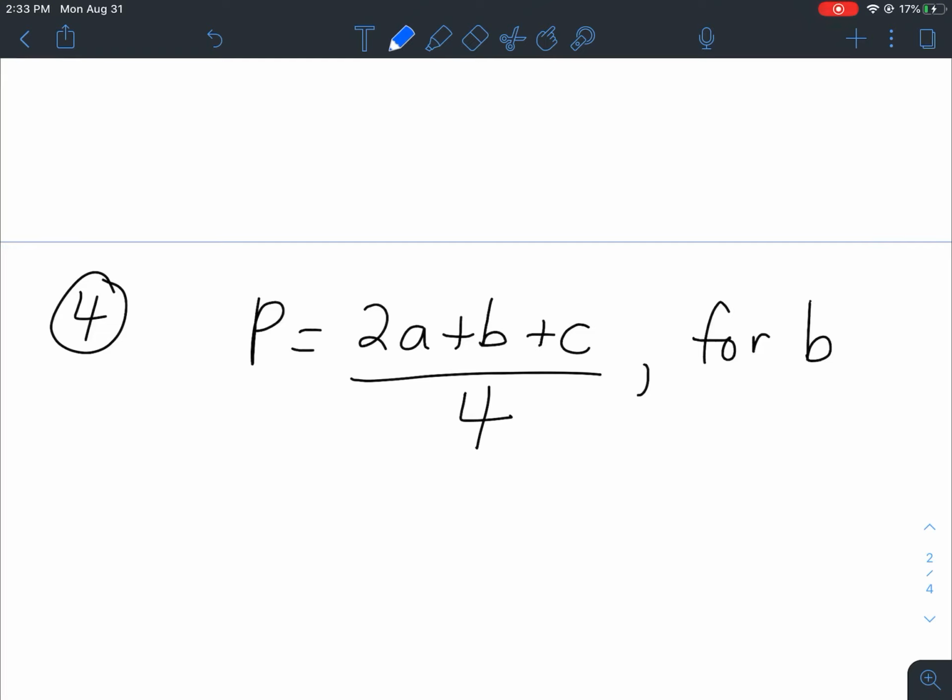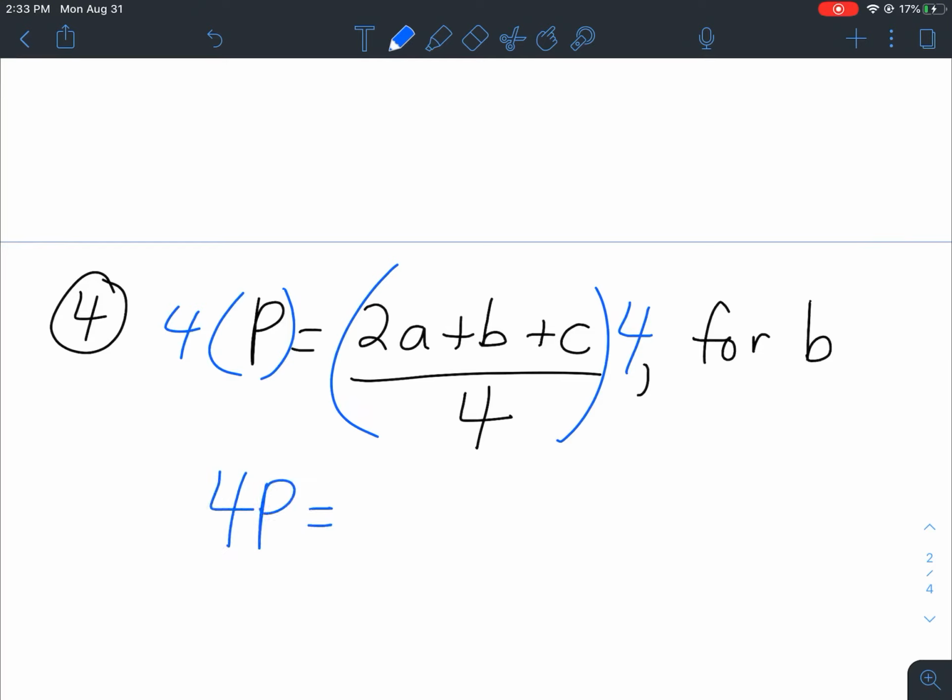You undo division by multiplying both sides by 4. So on the left side, 4 times p is 4p. Make sure you don't distribute this 4 because the 4 divided by 4 just makes 1, it cancels. You shouldn't be distributing when it cancels out. So we have 2a plus b plus c.